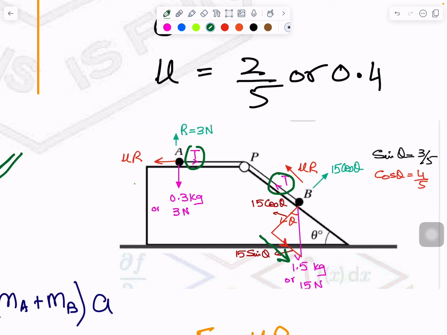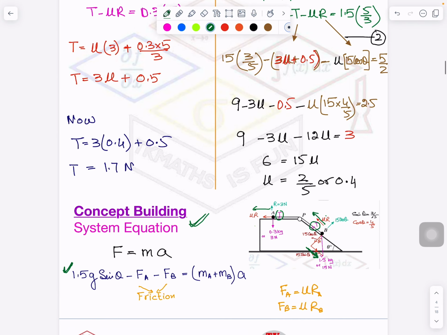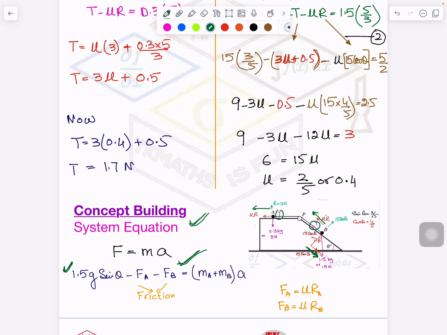So their effects will cancel out. If I take this as the forward force, then what is the backward force? Mu R at B and mu R at A. So I will take the forward force, which is due to weight, minus both the mu R, the maximum friction at A and at B. This is what I have written here: friction at A and friction at B. I hope you understand how I'm making the resultant force here.